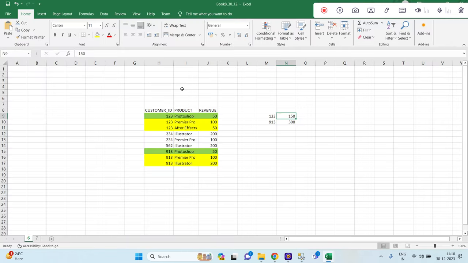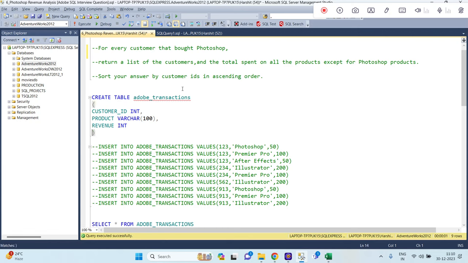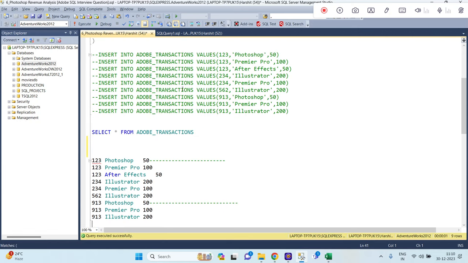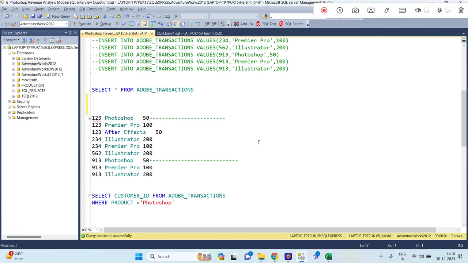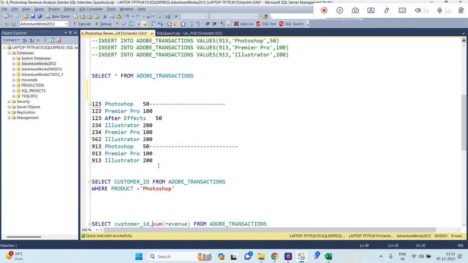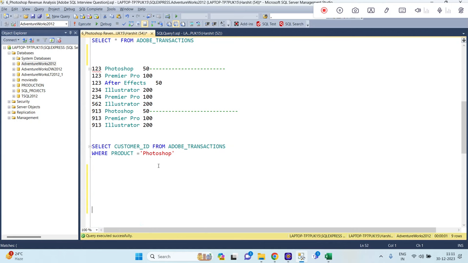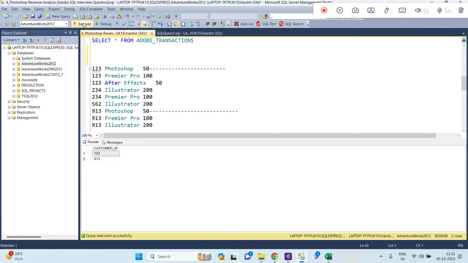Now we have to write this same thing in SQL, right? One minute. First of all, we have to consider those customers who have bought the Photoshop product, right? 123 and 913.